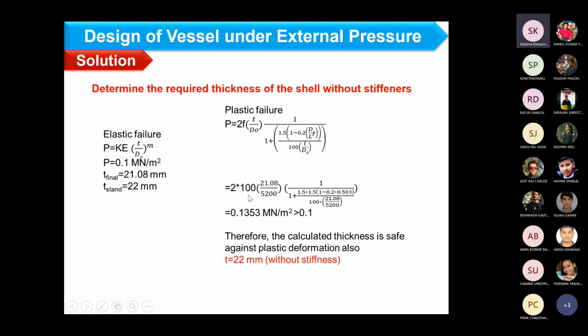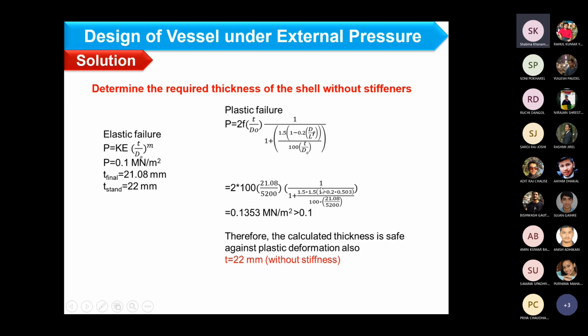2F, that allowable stress, is given as 100. T, we are considering this 21.08. Do I already know, and here I am having this U. Okay, that is basically the out of roundness in percentage, which is given as 1.5%.